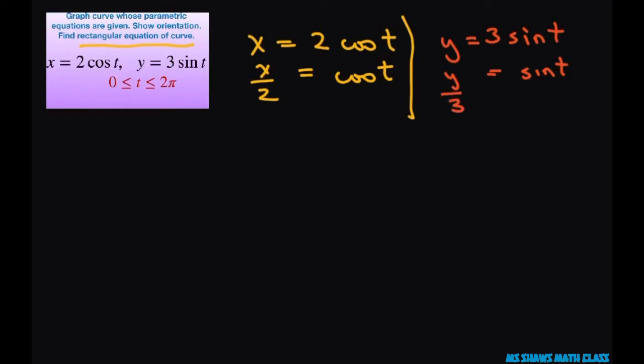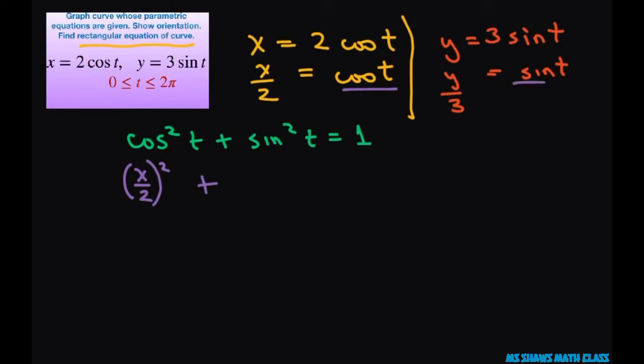We also know that cosine squared of t plus sine squared of t equals 1 through our Pythagorean identities. So I'm going to use substitution. Cosine of t is x divided by 2, and then we square it.